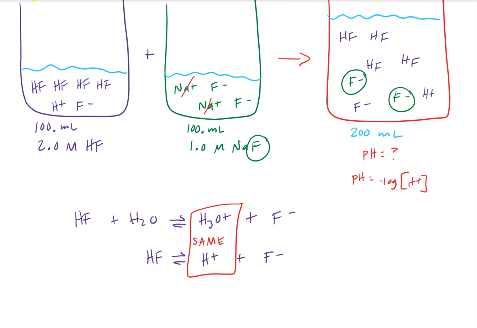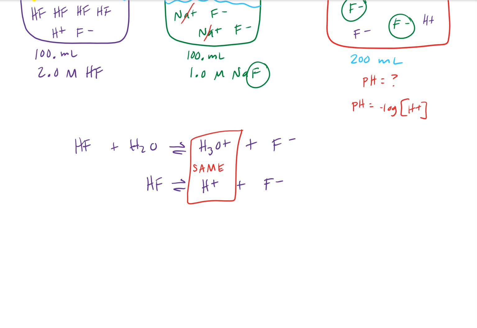But just like with HF, where we ignore the minus X, and the equilibrium concentration of HF is going to be the same as the starting, we can do the same thing for the fluoride, because fluoride ion concentration at equilibrium is going to be about the same as the starting concentration of the fluoride ions. And that's because there's very little dissociation of the hydrofluoric acid into fluoride ions.